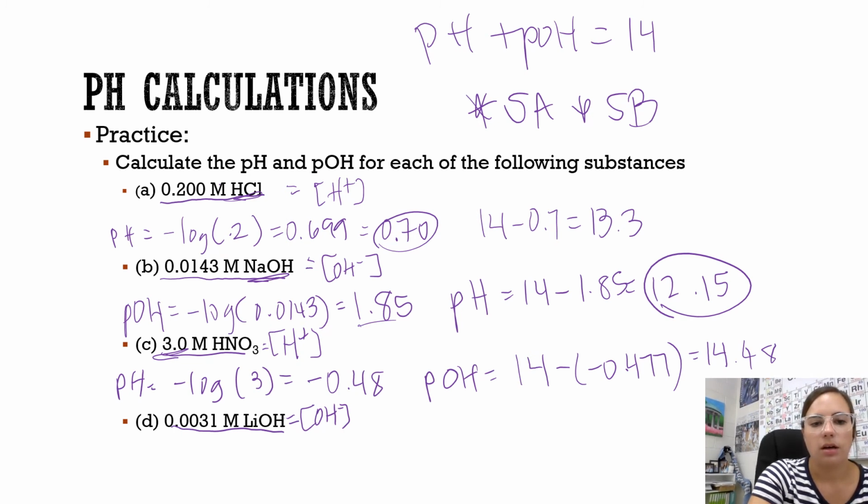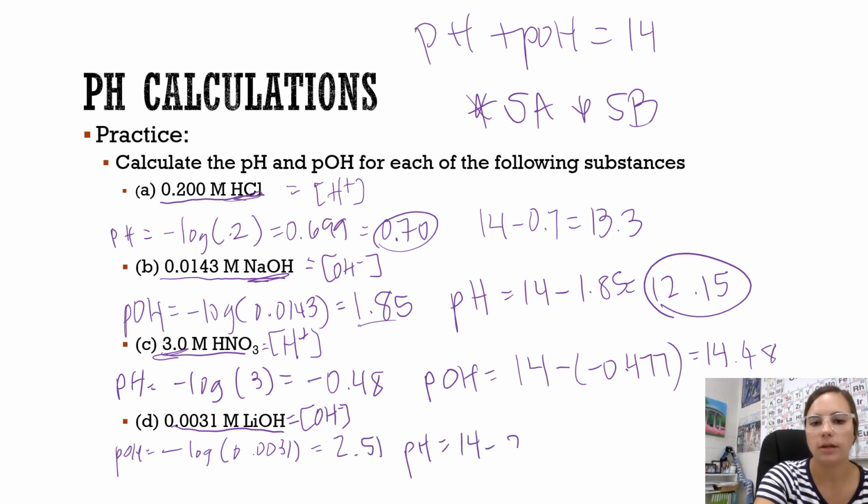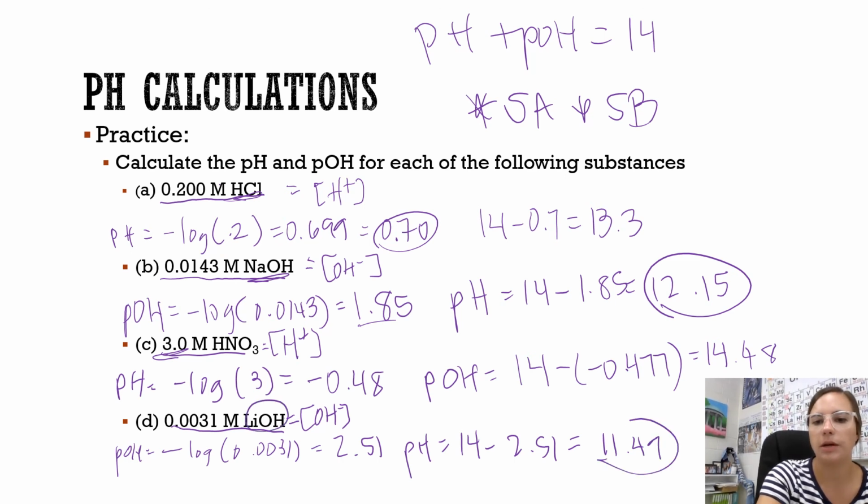All right. Finally, this is a base. So taking the negative log gives me the pOH. So the negative log of 0.0031 is equal to 2.51. So the pH is equal to 14 minus 2.51, which is 11.49. So again, this is a base. We expected a large pH.